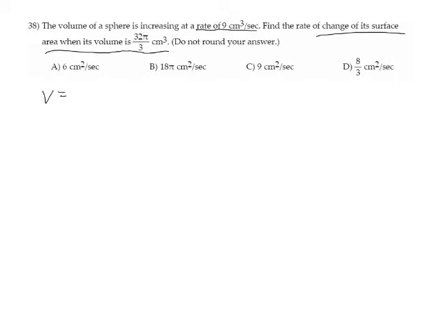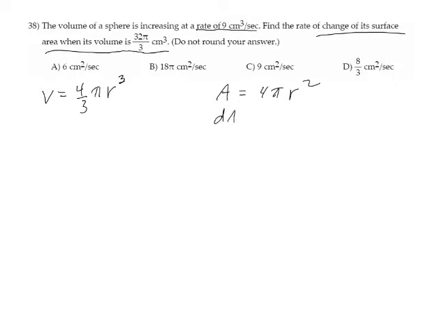The volume is equal to 4/3 pi r cubed, and the area is equal to 4 pi r squared. And we want to find the rate of change of its surface area.